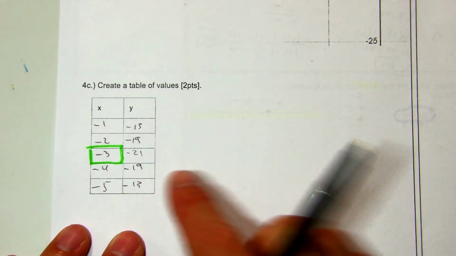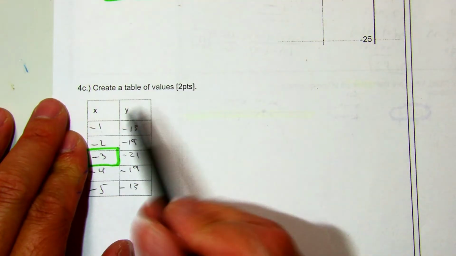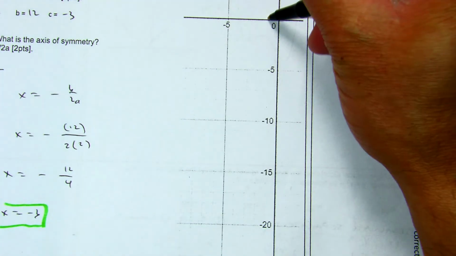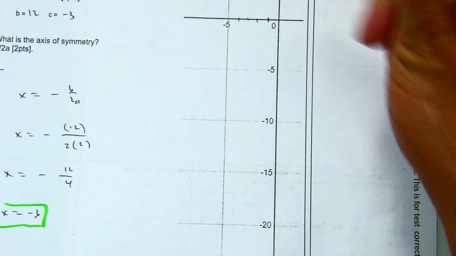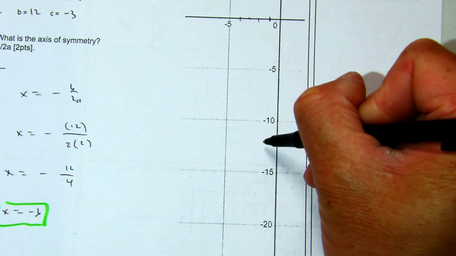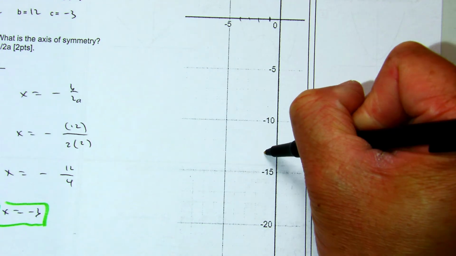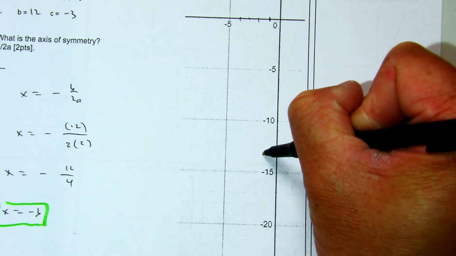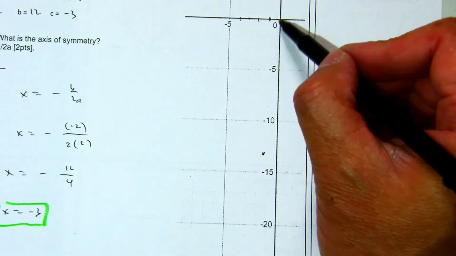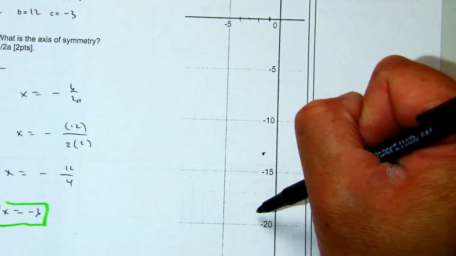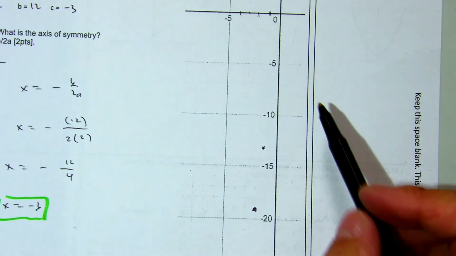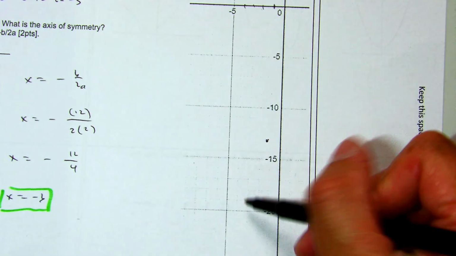So when I go ahead and graph these points, I'm going to go left 3, down 21. Left 1, down 13, something like right there. Left 2, down 19. Left 3, down 21.